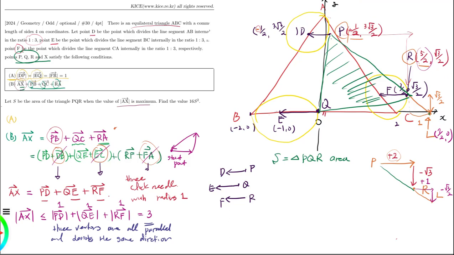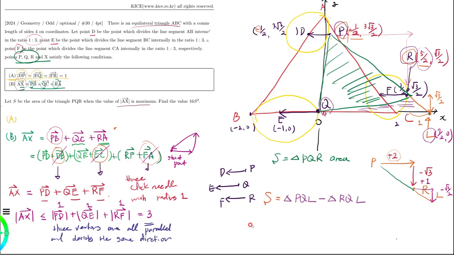So the area S is the area difference from the big triangle PQL, where L is here, minus the extra triangle RQL.